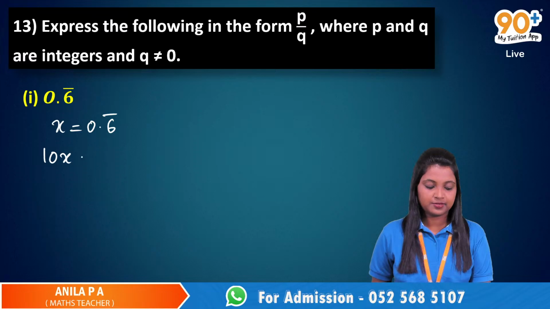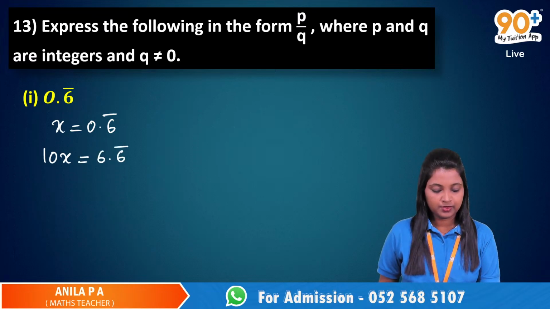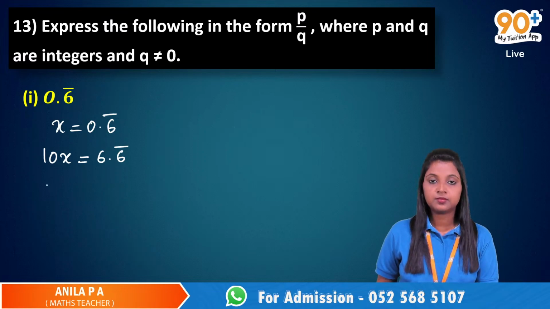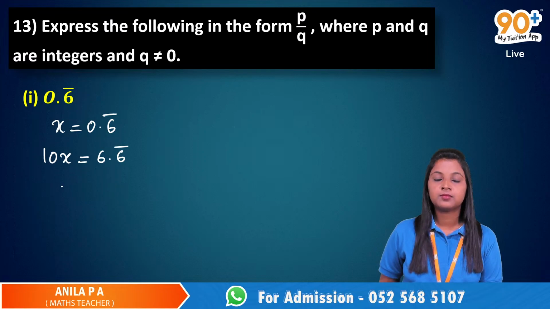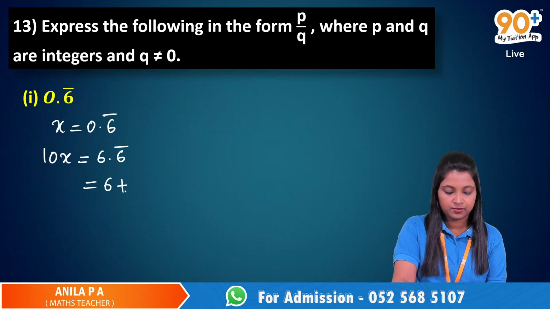Yes, so 10x is 6.6 bar. Then afterwards the 6.6 bar, ma'am, is split as 6 plus x. You bring the x to the other side, ma'am.